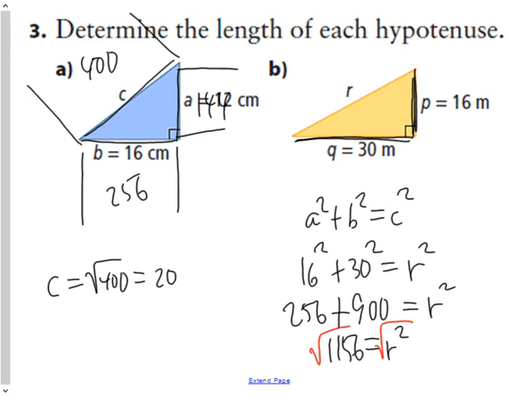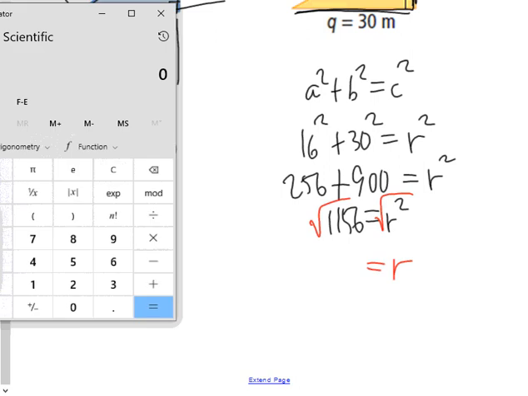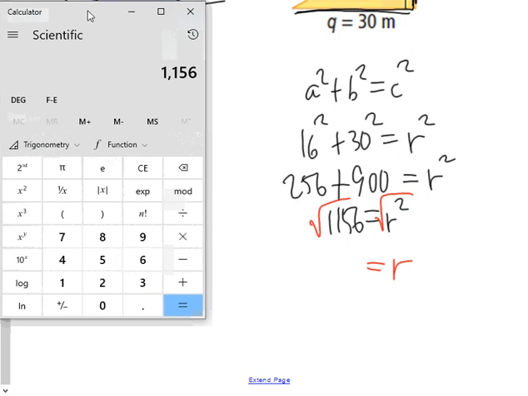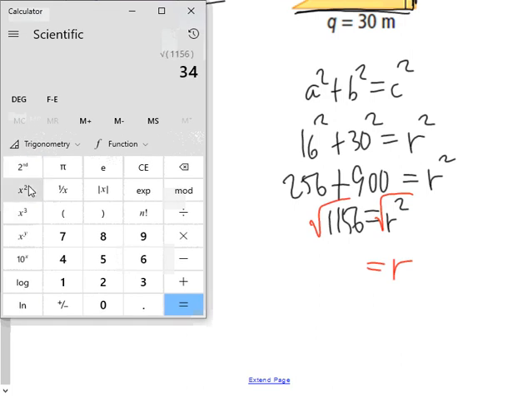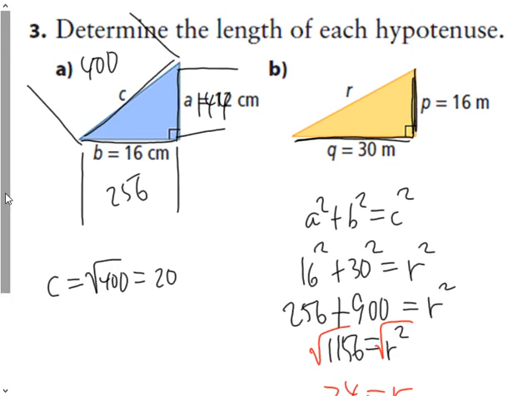And when I do so, wait for it. The square root of r squared is r, and the square root of 1156 is 34. So therefore, r is 34.